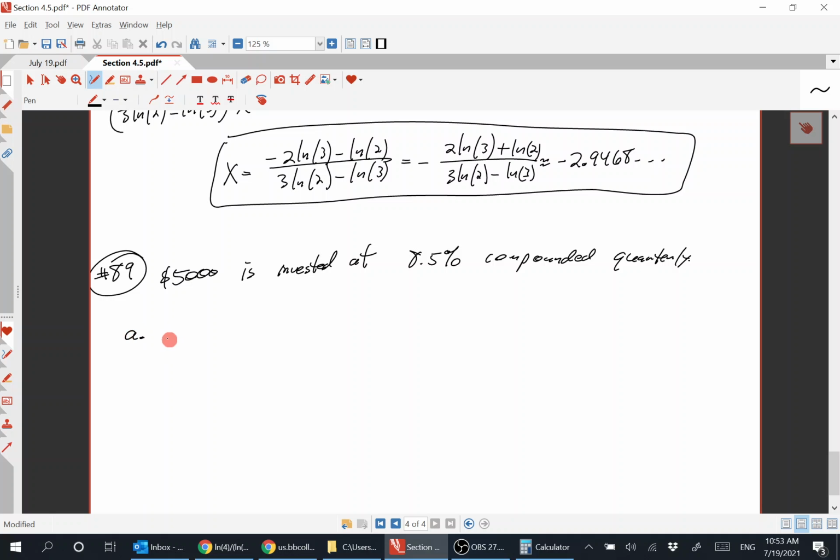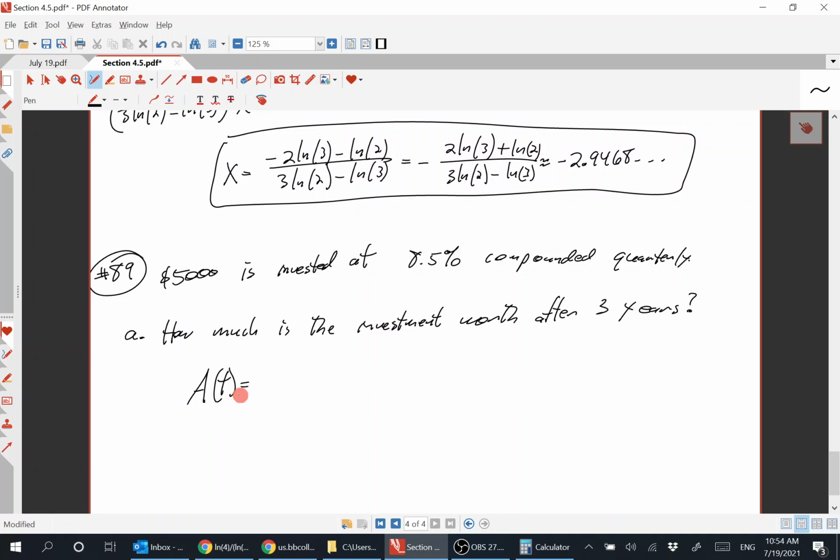So that's part A. How much is the investment worth after 3 years? Well, this is just like the problems we were looking at in section 4.1, I guess it was.